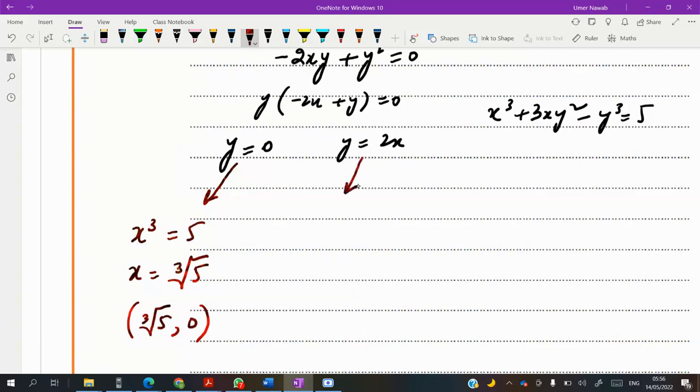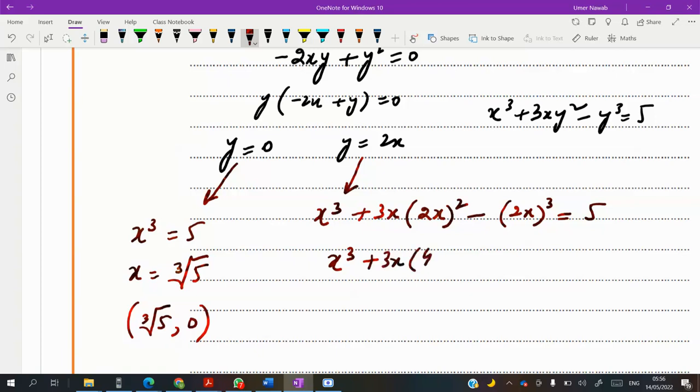The second one, we need to again plug it in. So x cubed plus 3x, in the place of y, we substitute 2x, so 2x cubed is equal to 5. We got x cubed plus 3x times 4x squared minus 8x cubed is equal to 5.